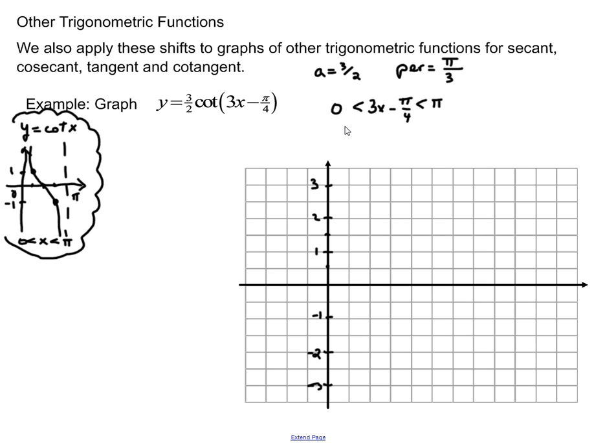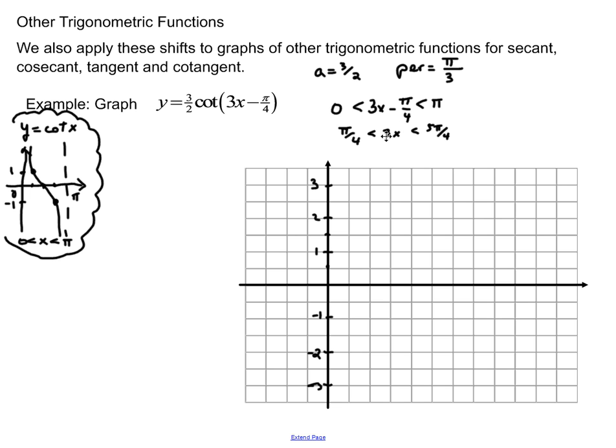So instead of 0, I'll have pi over 4 on the left. I will still have 3x in the center. And I'll have pi plus pi over 4 on the right. I might have to work that out, but that's 5 pi over 4.